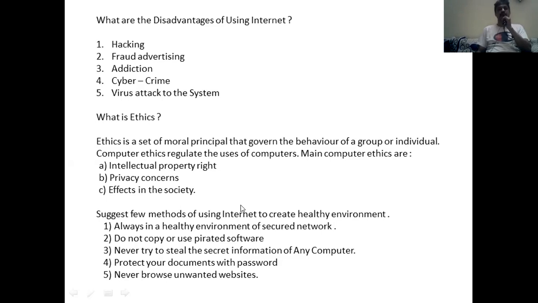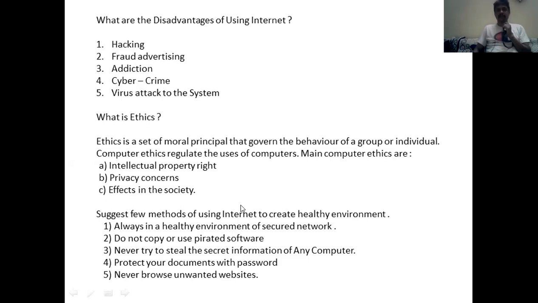Using that personal data they can manipulate different kinds of information, maybe banking information, maybe share information, maybe monetary information, maybe your personal identity. If you have a specific identity, like you are a major person in a particular place, they can destroy your image. So that's possible using fraud advertising.